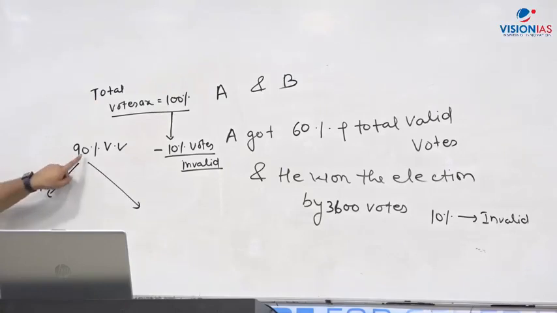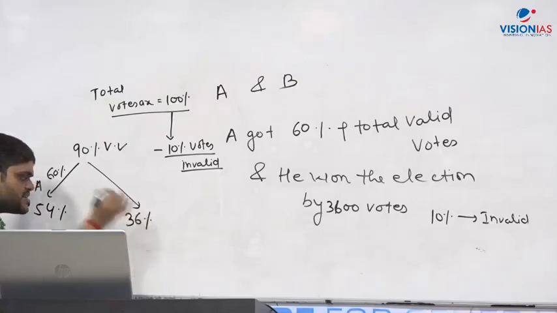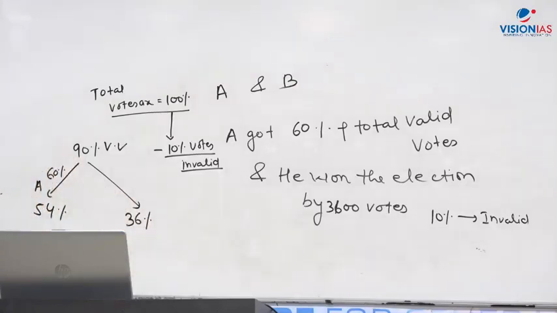So what is 60% of 90%? 60% of 90% is 54%, or not? Is this making sense or not? And 40% is 36%.